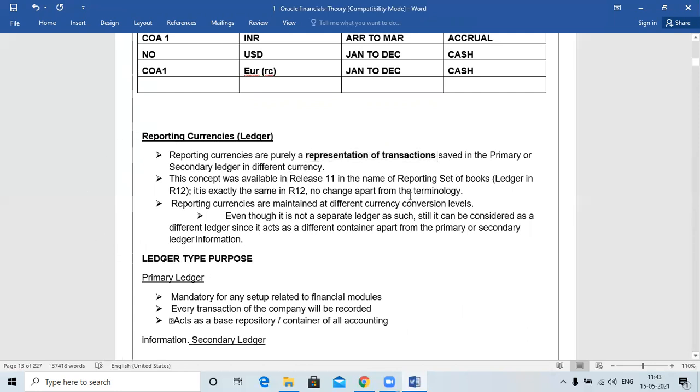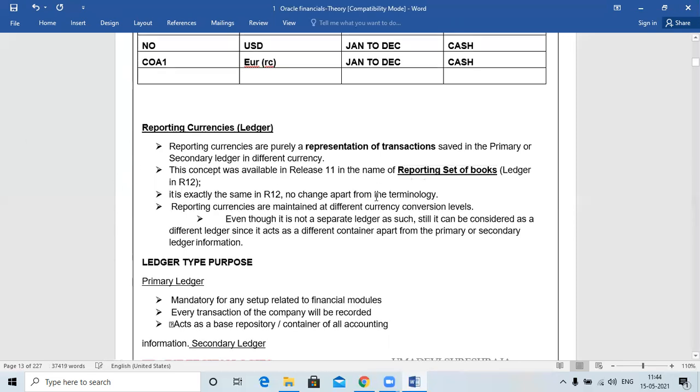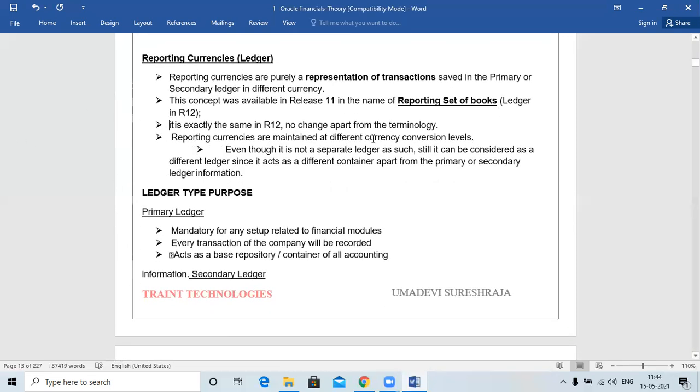The concept was available in release 11i in the name of reporting set of books. The concept is very important when you are learning Oracle. There are different currency conversion levels. Even though it is a ledger, it can be considered a different ledger after the primary or secondary ledger.